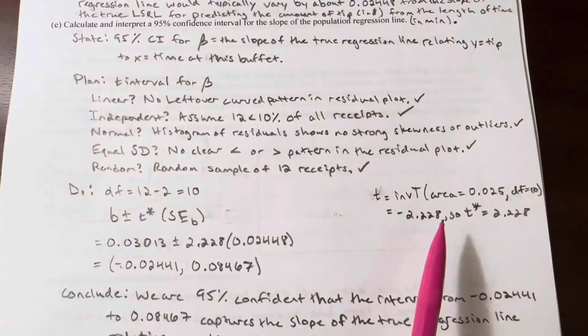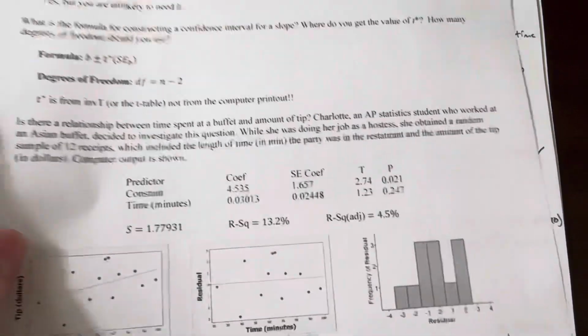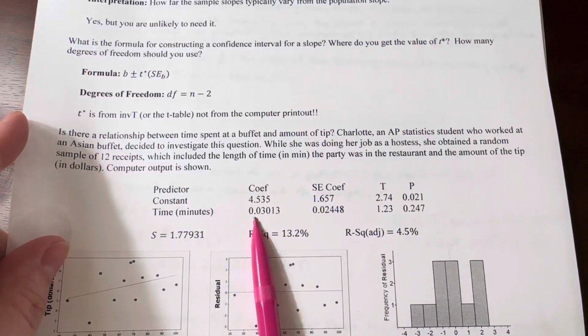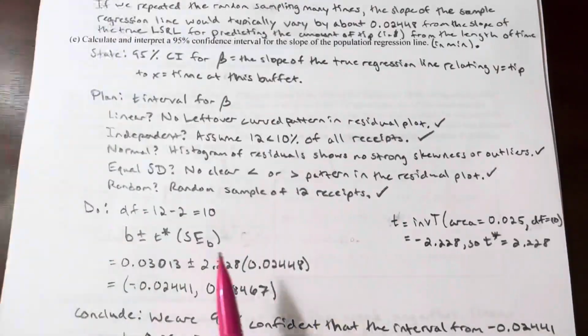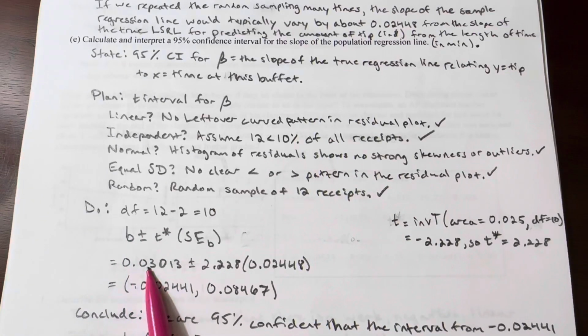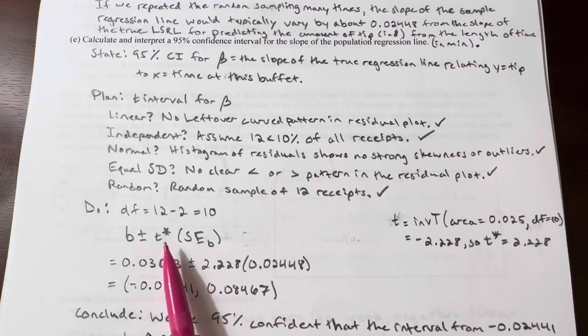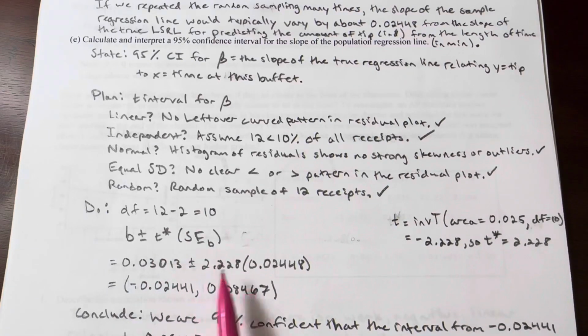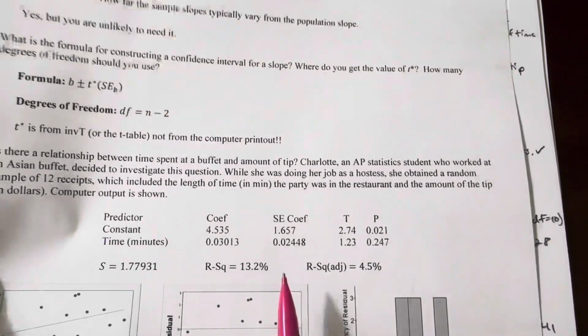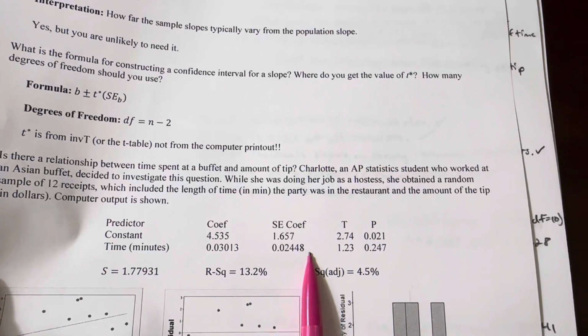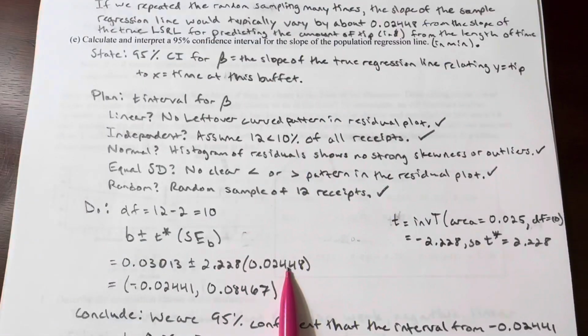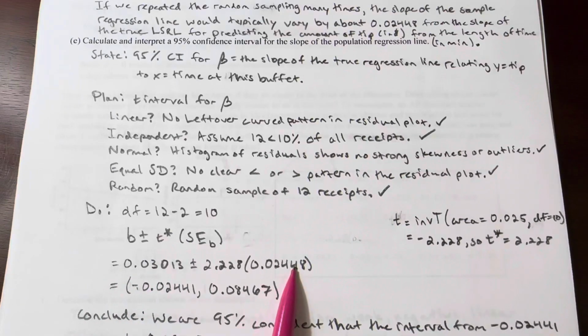Right? And now I just start filling things in. My slope is this 0.03013. So that's what I'm putting in place of b. My t star is this 2.228. Goes right here. And then my standard error of my slope is the 0.02448. That goes right here. And then I just typed all of this into the calculator.